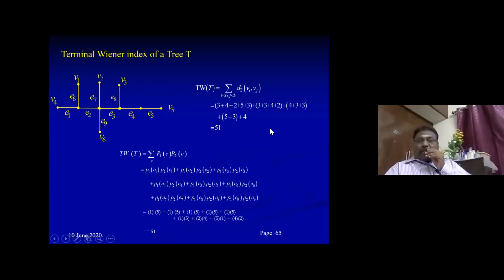The sum has 5 possible terms here. The answer is 51. So now we can say very easily that the terminal index is the smaller one. Earlier the Wiener index was a big number because we were calculating for all pairs. Now we are calculating only for the pendant vertex pairs. There are only 6 pendant vertices, so 6 pairs are there. If we do it, the answer is 51. This is an application.